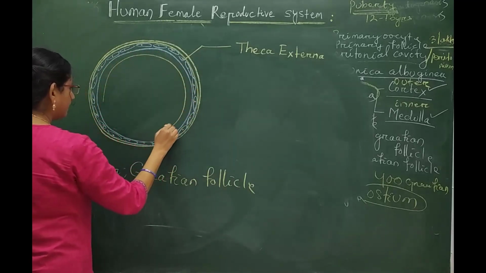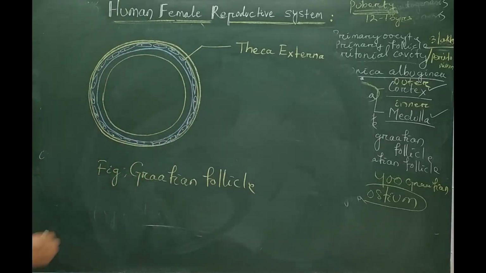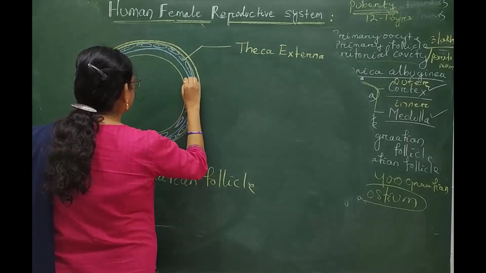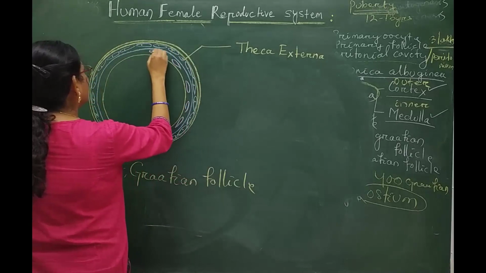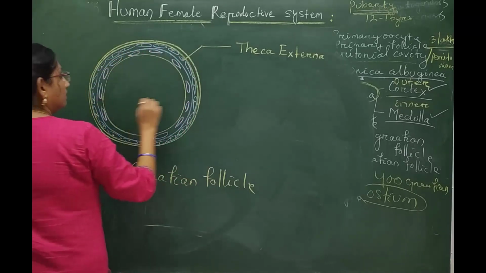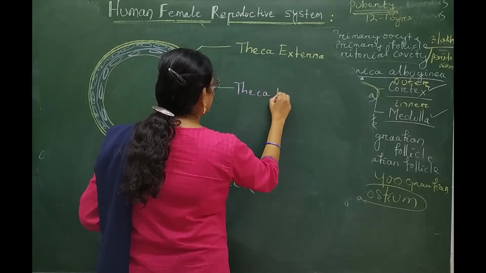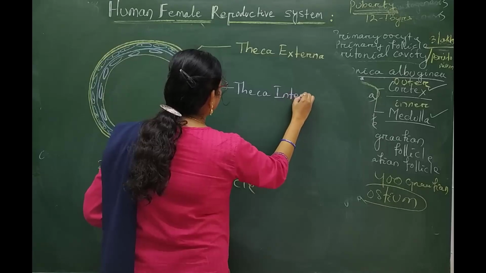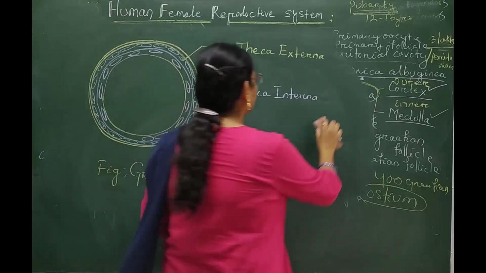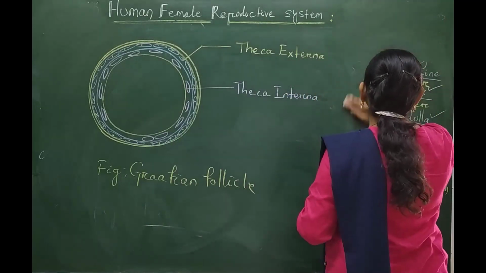Inner to this theca externa, another longitudinal cell layering is also found, which is called theca interna. Here we are talking about this Graafian follicle only.